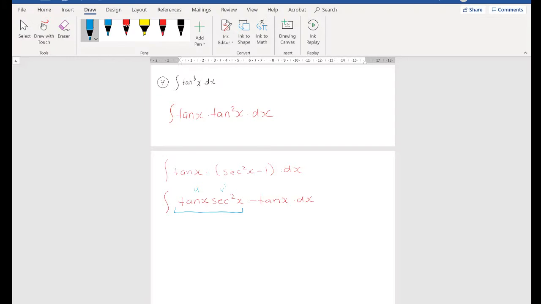Alright, so my integral of uv dash is equal to uv minus the integral of vu dash dx. Alright, so u is equal to tan x. I know that u dash is equal to sec squared x. v dash is equal to sec squared x, and v is equal to tan x.